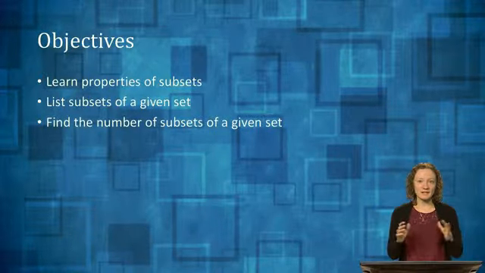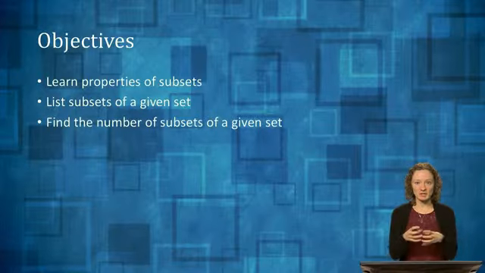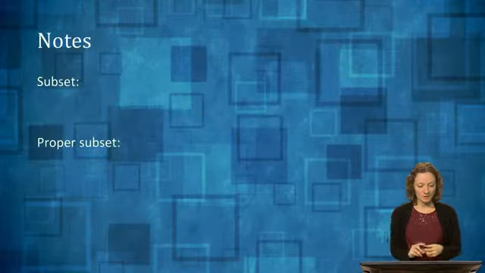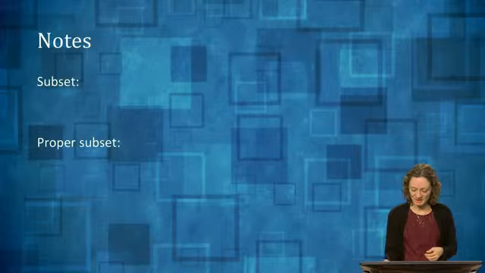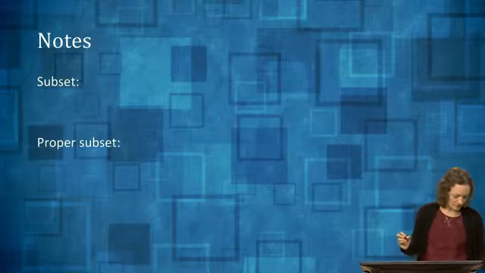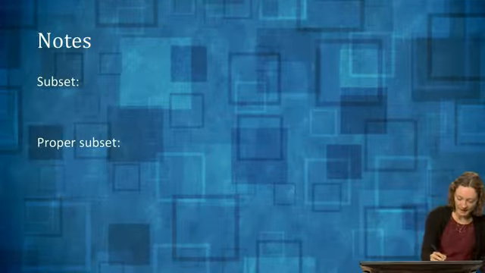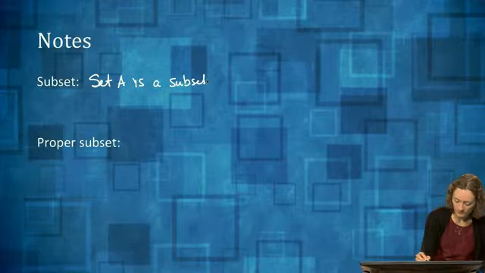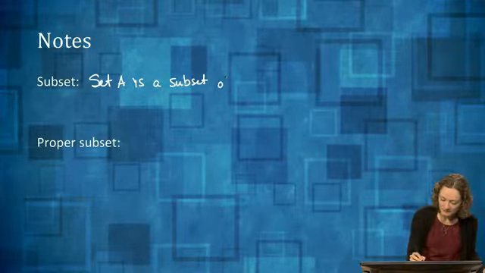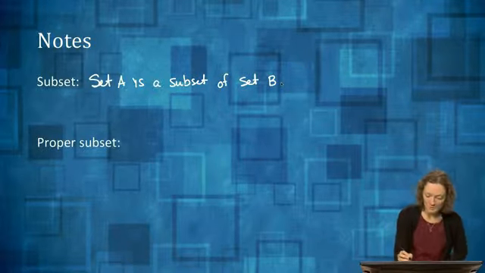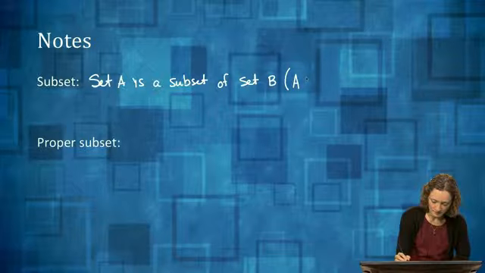So subsets are a way to take a set of information and potentially break it down into maybe smaller groupings. Okay, so two definitions that we're going to list here. The first one is for subset, the basic. So the definition: set A is a subset of set B. And this is what it would look like symbolically.